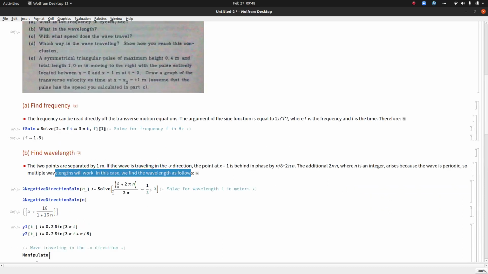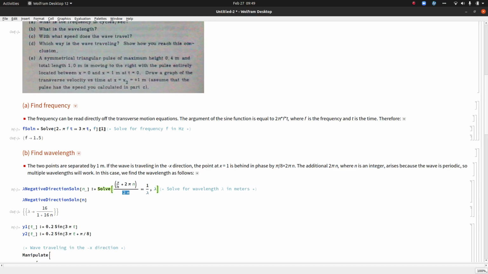We can find what those values are, just like we did with the frequency. We're going to use the Solve function. All I'm going to do here is say that we know that 2 pi is 1 wavelength. I'm just going to use ratios to say that a difference in phase of 1 complete cycle is a full wavelength.